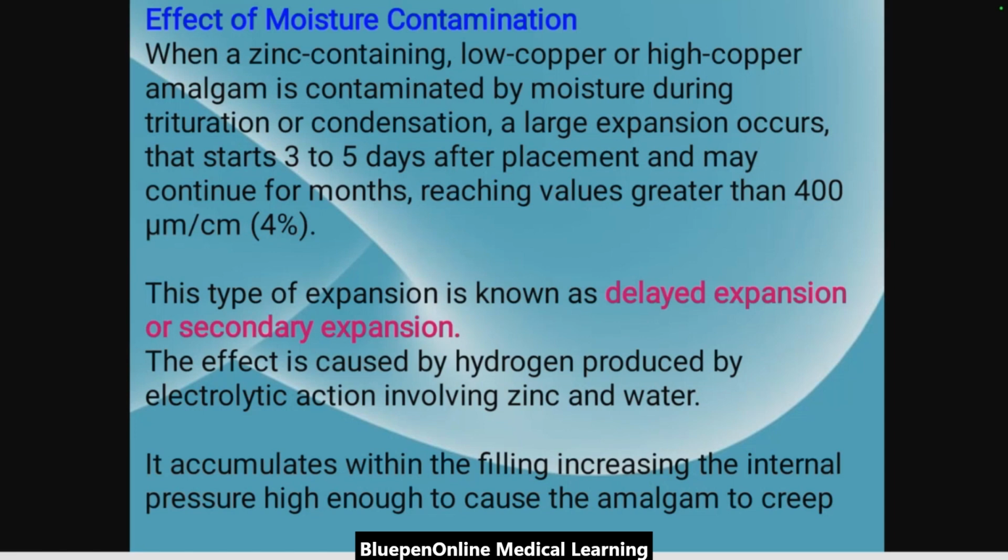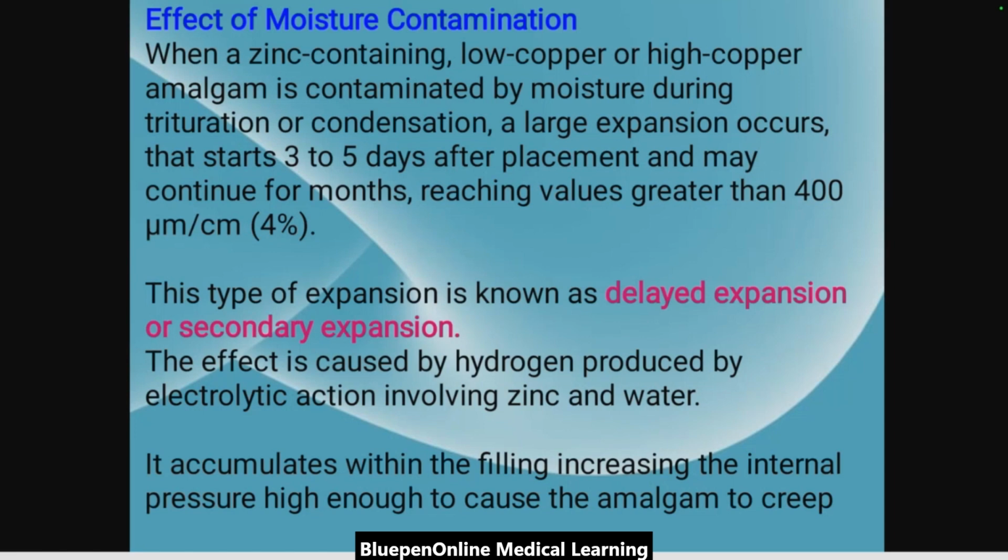Here, if proper care is not taken while restoring a tooth with dental amalgam or while triturating the alloy powder with mercury, and moisture gets incorporated, it will lead to expansion which is very large as compared to the routine expansion.